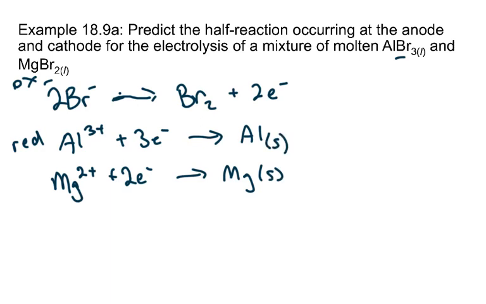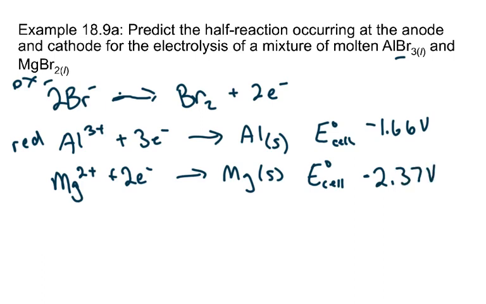We can look up the values, and here we see our value for aluminum, if you look it up in the table, is negative 1.66 volts. Our potential for magnesium is negative 2.37 volts.